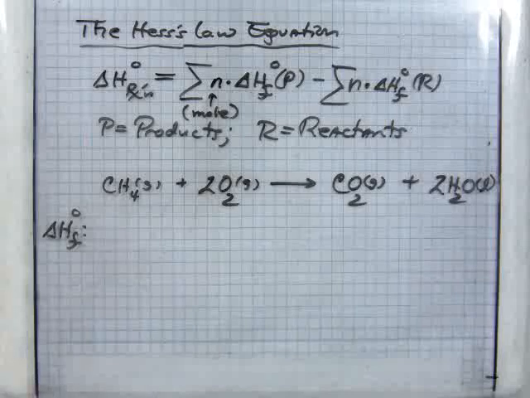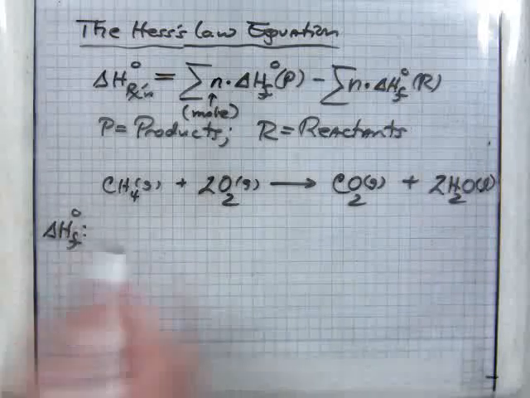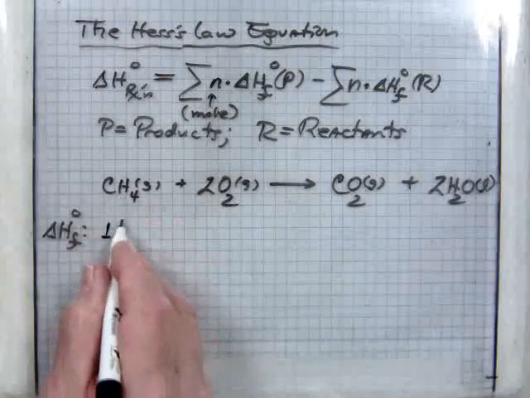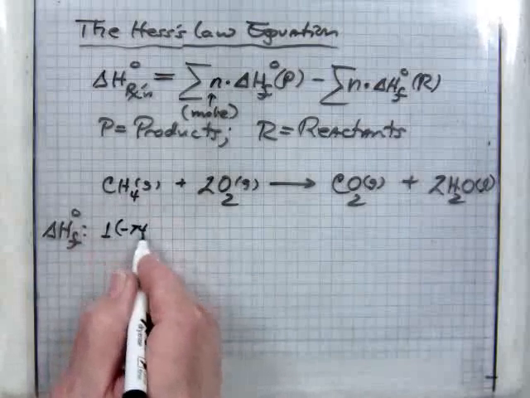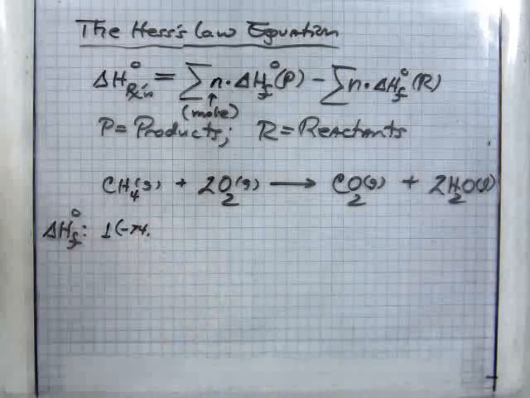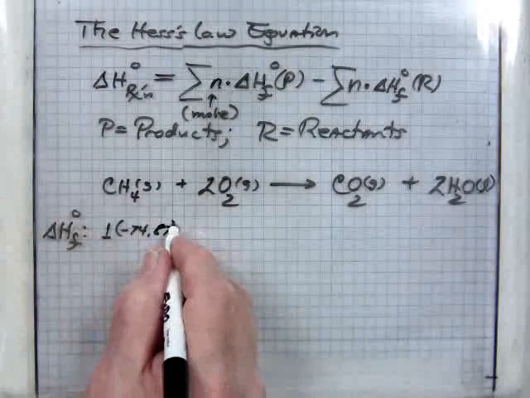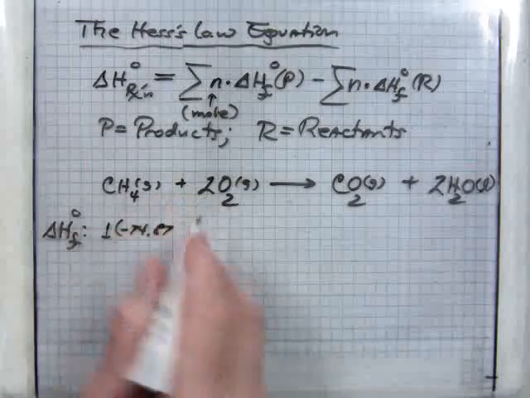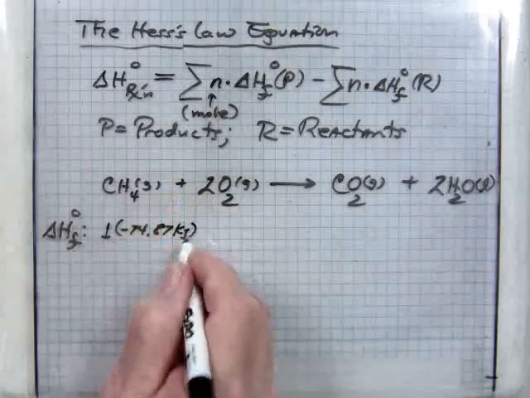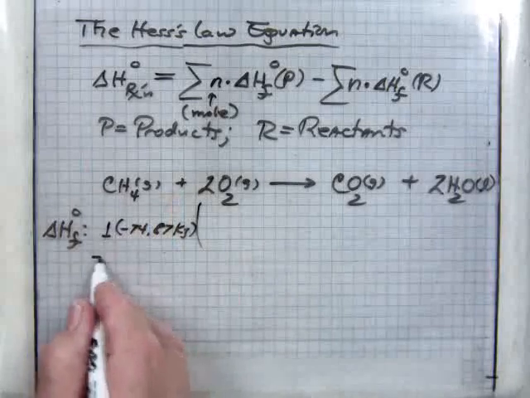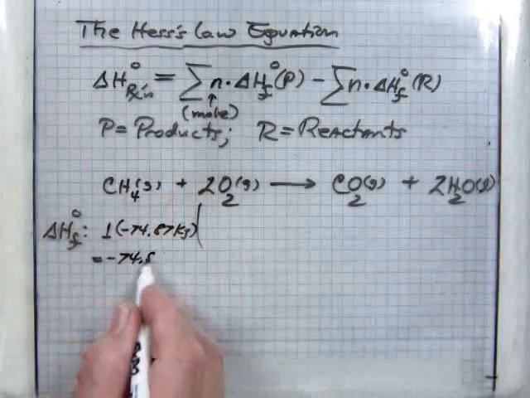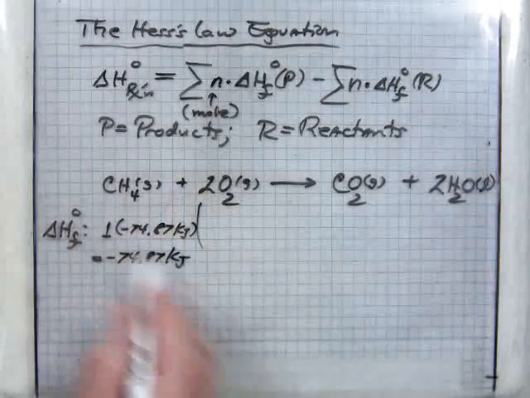To keep from crowding the paperwork, just put 1 mole times minus 74.87 in kilojoules. And that's a minus 74.87 kilojoules in the product.